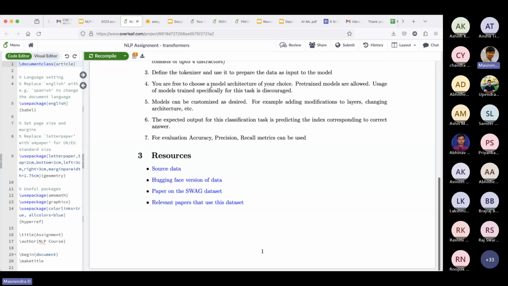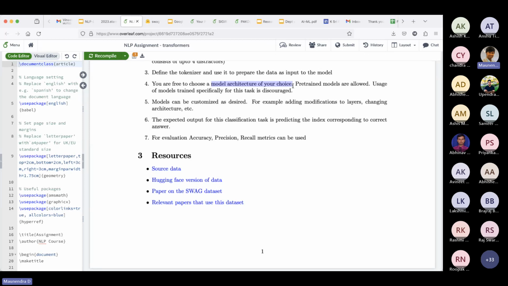Yes, you are free to choose a model architecture of your choice, but you are not allowed to use any pre-trained fine-tuned model which is for this specific task. Suppose you want to use BERT, fine, how many layers you decide, and that pre-trained BERT you can use.